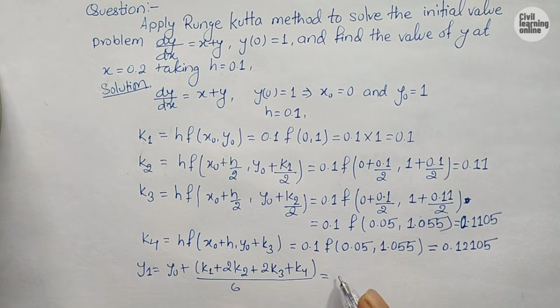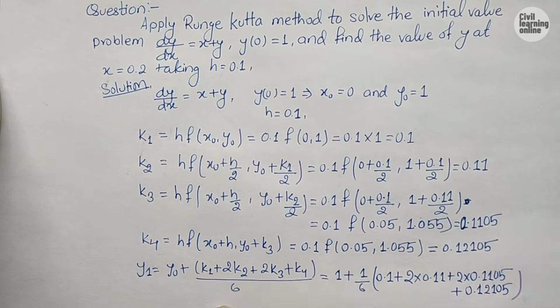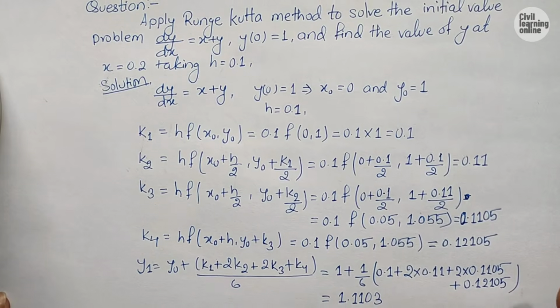We have y0 equals 1 plus 1 by 6 times k1, meaning 0.1, plus 2 times k2, 0.11, plus 2 times 0.1105 plus 0.1210. And solving this we will get the value of y1 equals 1.1103. Now we have got the value of y1.